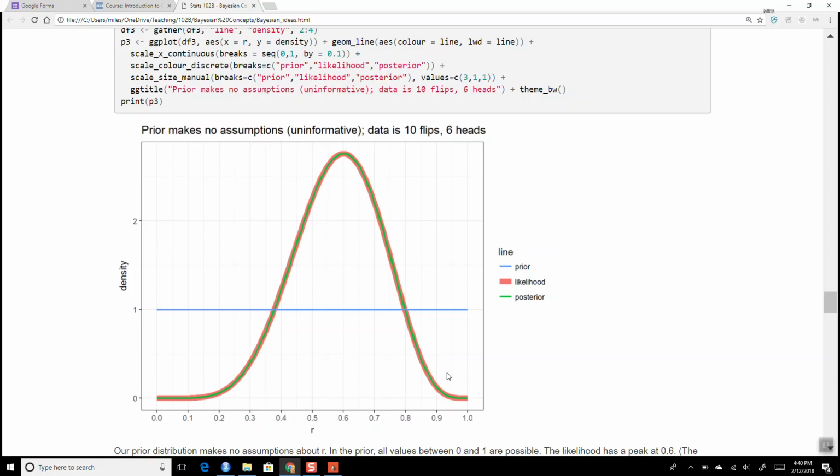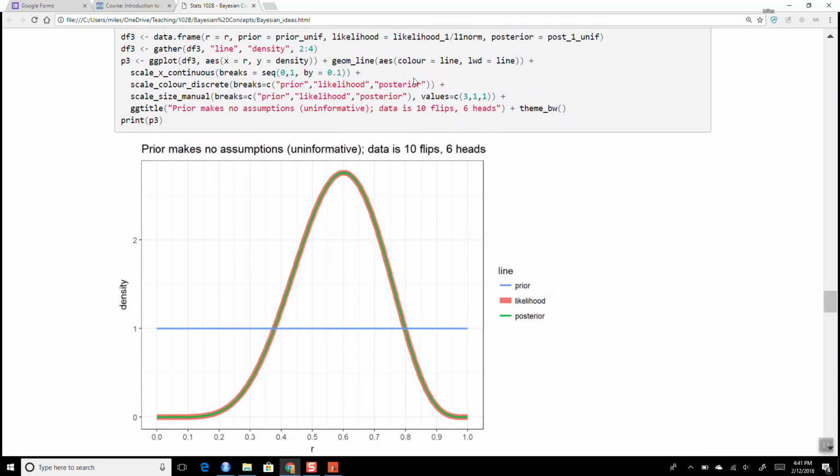So what we see in the data will determine all of our beliefs about R, and the posterior lines up exactly on top of the likelihood.